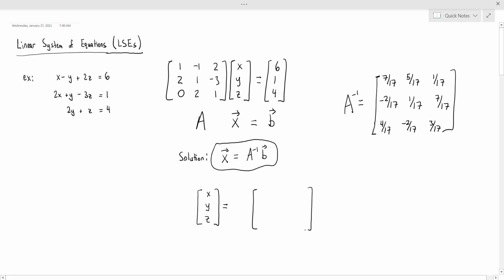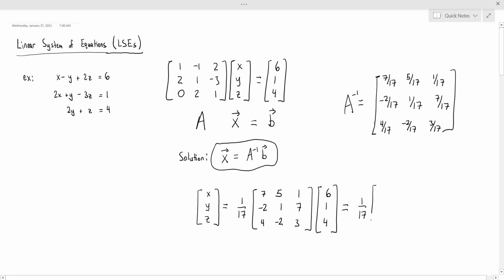And let's see here. Let me pull out the 1 over 17. I'll pull it out from the A inverse matrix. Okay, so that's A inverse. And then multiplying with the vector B, which is 6, 1, and 4. Let's multiply this out, and let's see what the solution should be.